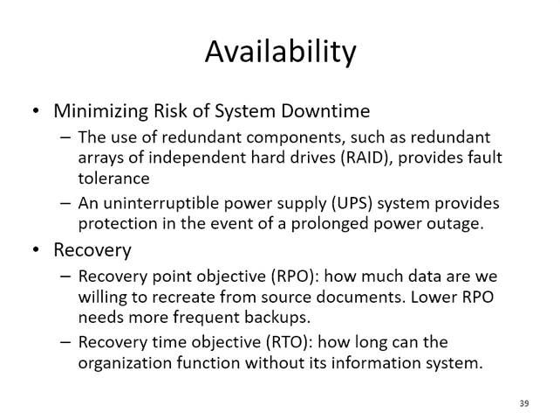So we're going to minimize the risk of system downtime. There are several ways to do that. For example, we can use a redundant component, such as a redundant array of independent hard drives, also known as RAID. It's going to provide us better fault tolerance.